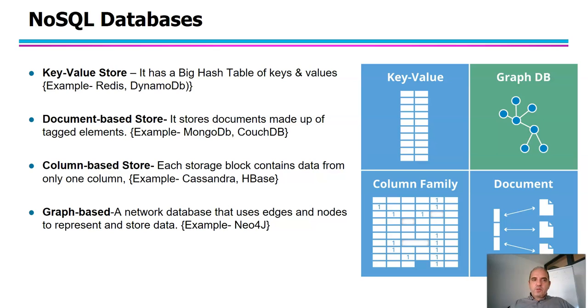In different resources, different numbers can be given, but these are the most commonly used NoSQL databases. Let me explain. Key value stores, as you can see in the graphic, are only a table with 2 columns. That's it.